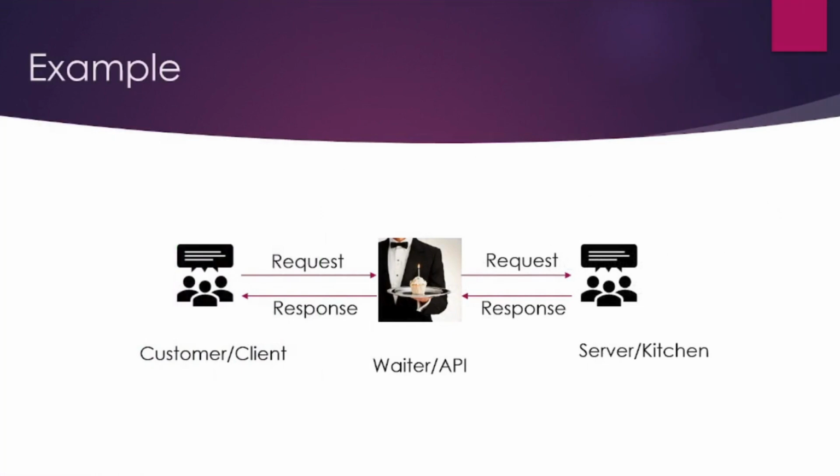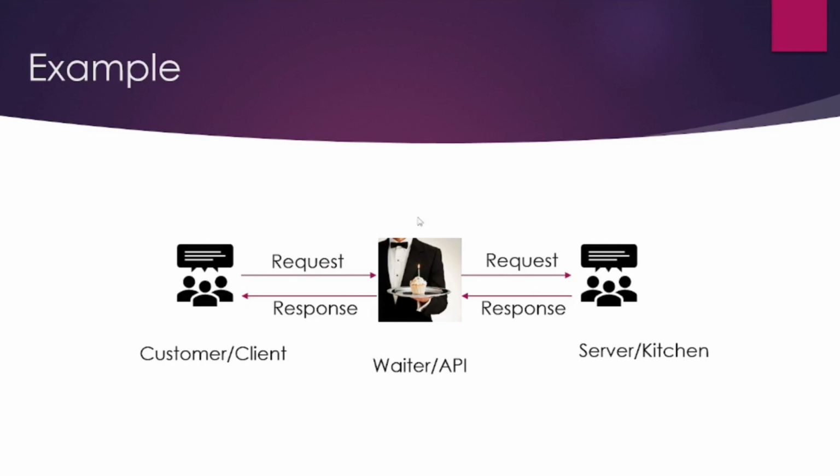So think of it as a waiter at a restaurant. The waiter acts as an API, takes an order from the client as a request and brings your food as a response from the kitchen.